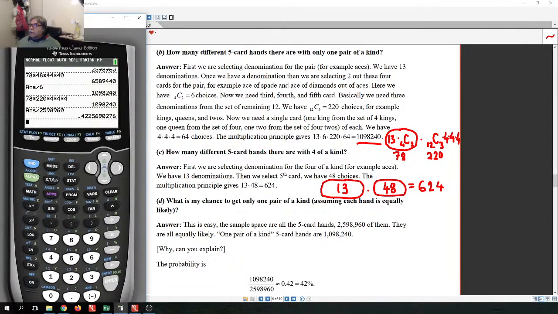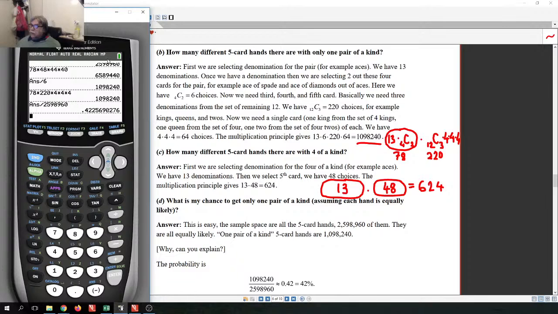This is very rare to get. Out of 2,598,960 different 5-card hands, only 624 are 4 of a kind. So the probability that in a random dealing of 5 cards you're going to have a 4 of a kind is very small. I'm dividing 624 by 2,598,960, and I find on my calculator there's some strange number here. That's scientific notation.